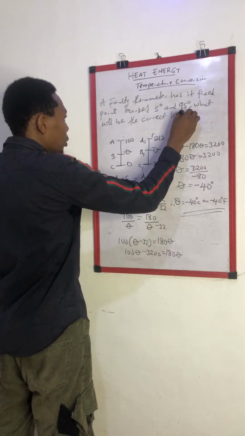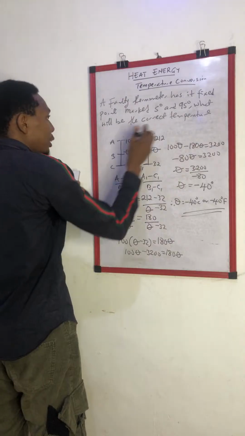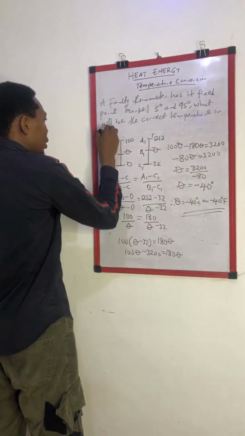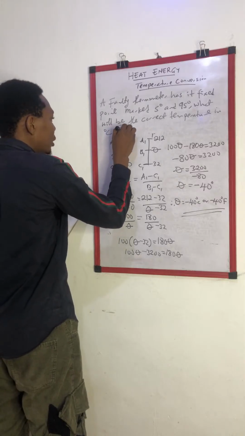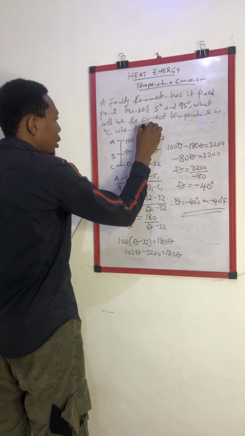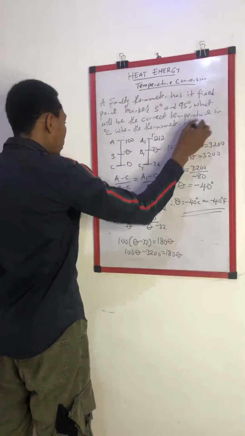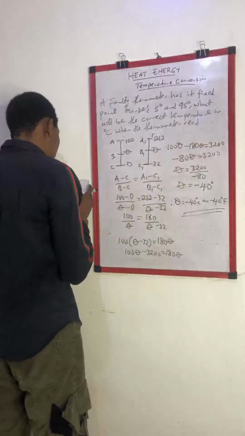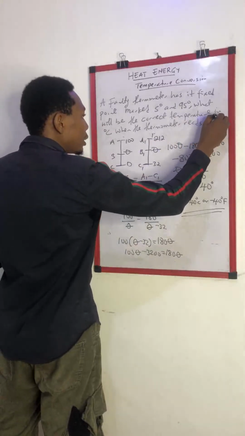What will be the correct temperature in degrees Celsius when the thermometer reads 59 degree?